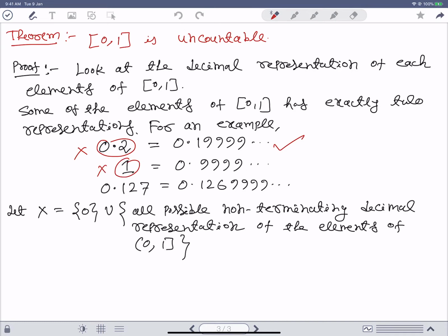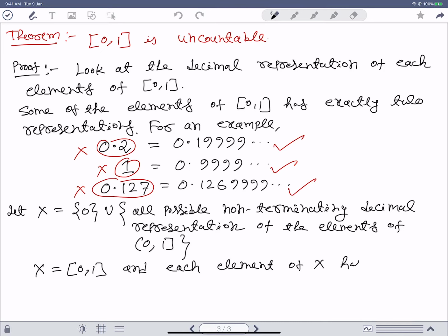We will not take 1, we will take this representation, and we will not take this, and we will take this representation, right? So in this way we will take my set X. That means X is actually the closed interval 0 1 and each element of X has a unique decimal representation.